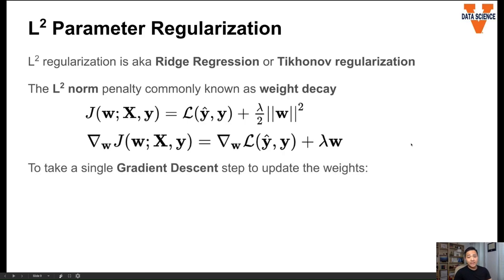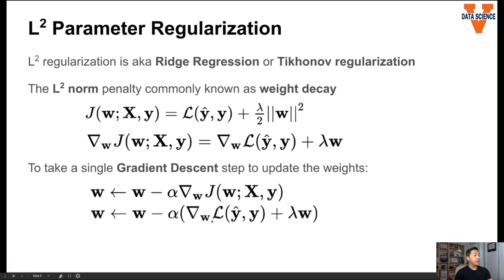When you take a single gradient step, you modify your parameter with some learning rate with respect to the gradient of the function J. This function J can be broken down into 2 terms, the data loss term and the regularization term. Alpha is the learning rate.